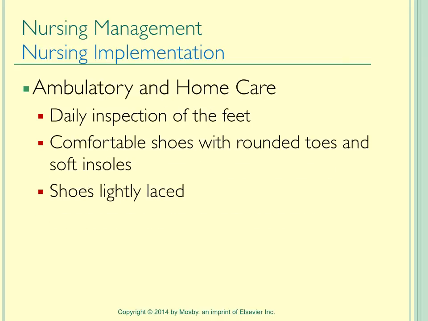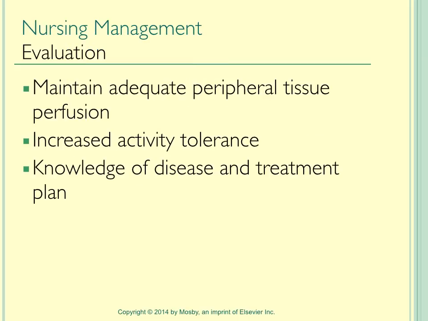Ambulatory and home care: daily inspection of the feet is important. Comfortable shoes with rounded toes and soft insoles are important, and shoes lightly laced are important. Maintain adequate peripheral tissue perfusion.